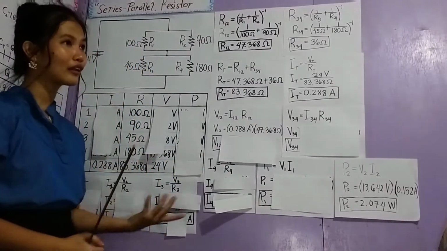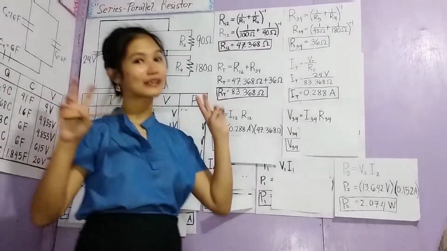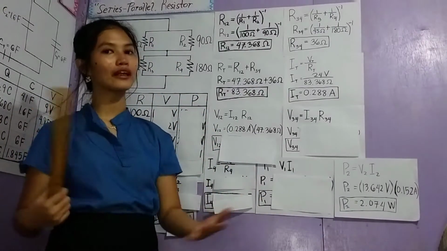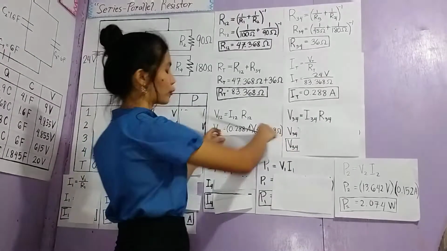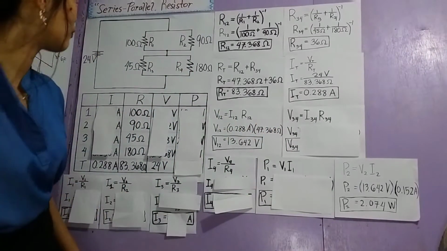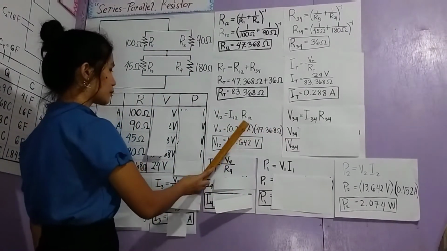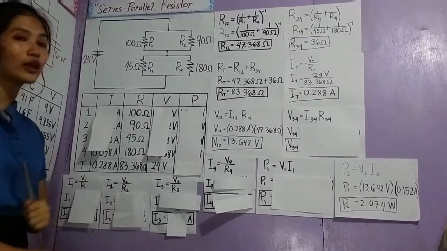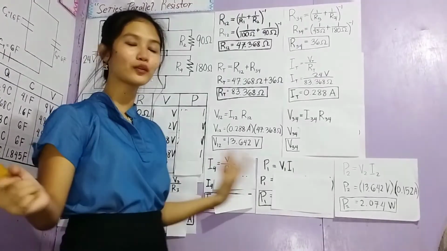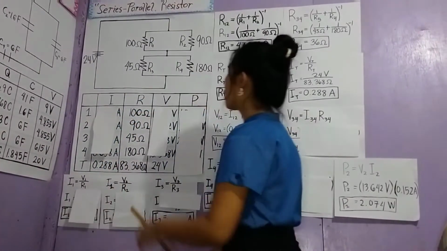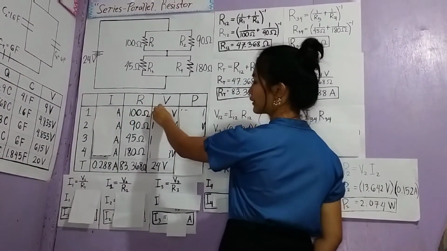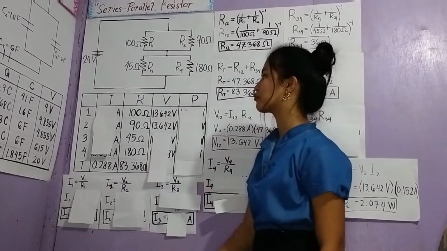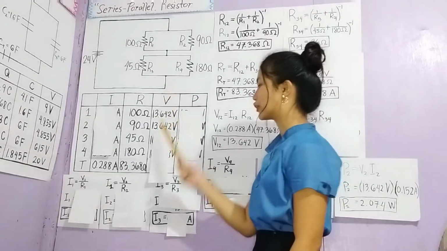But since they are parallel, we're going to find the exact answer. Using the calculator, if we multiply them both, we have 13.642 voltage. And since V1 and V2 are parallel to each other, in putting down the table, they have the same value. So 13.642 for both V1 and V2.